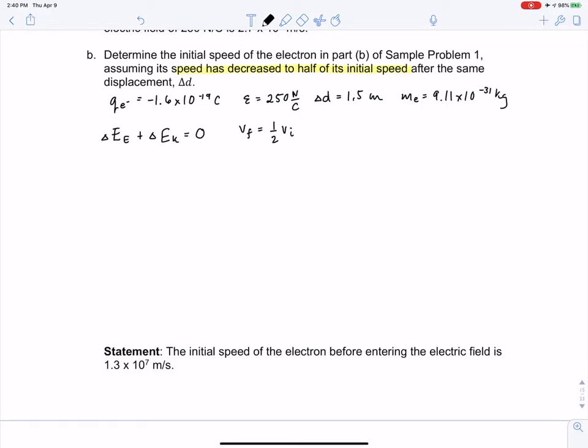Using the law of conservation of energy, the change in electric potential energy is negative Q epsilon delta D, plus the change in kinetic energy, which equals 1/2 mv final squared minus 1/2 mv initial squared.